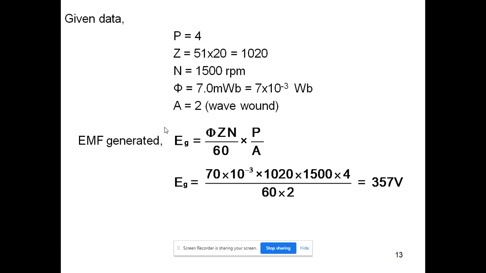On substituting the above given values in the EMF generated equation, we get Eg is equal to 7 into 10 to the power of minus 3 into 1020 into 1500 into 4 by 60 into 2.